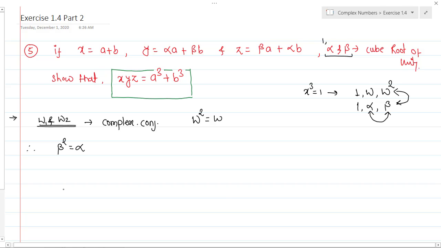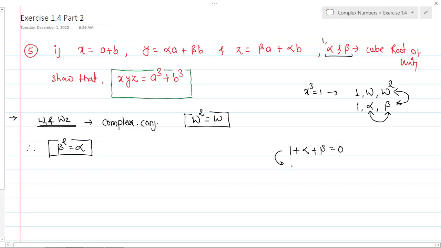During the properties we have studied that the square of any such complex number is its own conjugate. I hope you remember this. Is it okay, everyone? Do you remember this? So alpha is equal to beta square, and the main relationship we know is that 1 plus alpha plus beta is equal to 0.